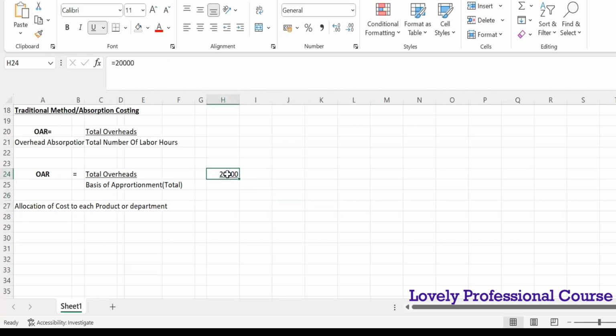I divide it by total labor hours. Let's say we have department X, producing product X, and we are also producing product Y.